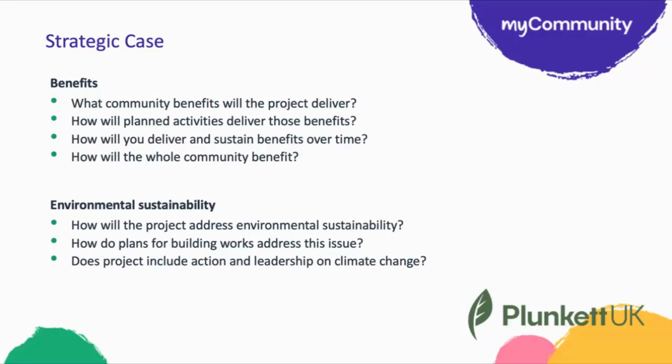And how are you going to measure those outcomes once you've bought this asset and it's being run by the community? Have you got a social impact matrix? Can you demonstrate a theory of change? It's all these sort of things that demonstrate that if you're successful, then you will benefit the community as a whole. And then finally, environmental sustainability.